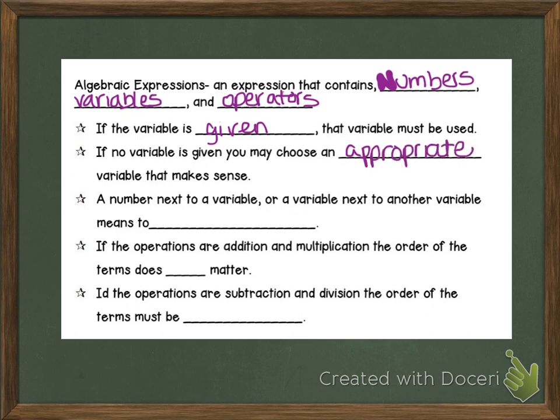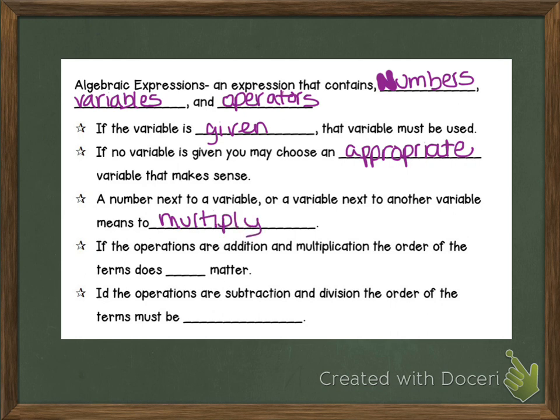So if we're talking about how many dogs go to the vet, we could use D for dogs because we're talking about dogs. And N probably wouldn't make sense because there's no word that starts with an N in our sentence. A number next to a variable or a variable next to another variable means to multiply.